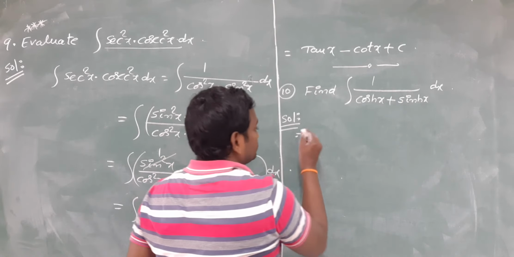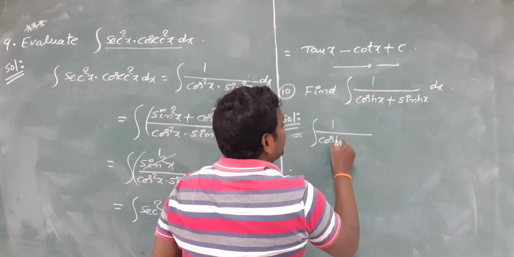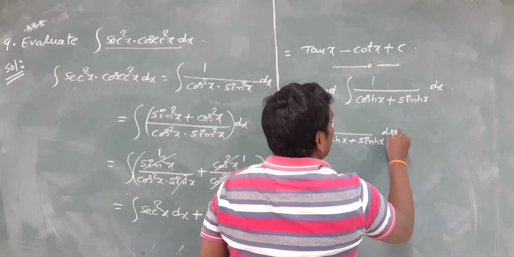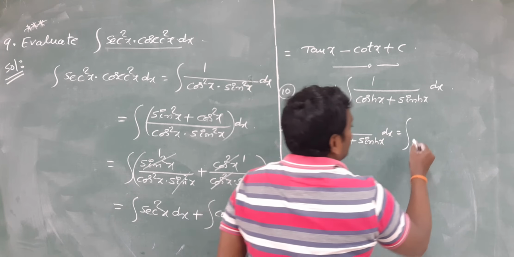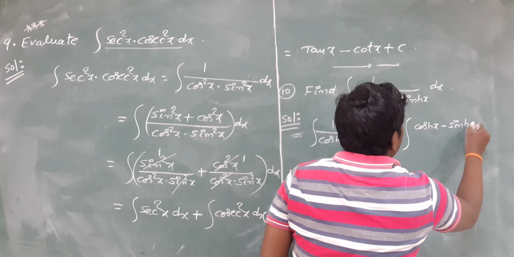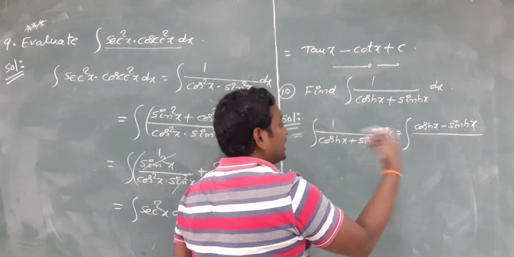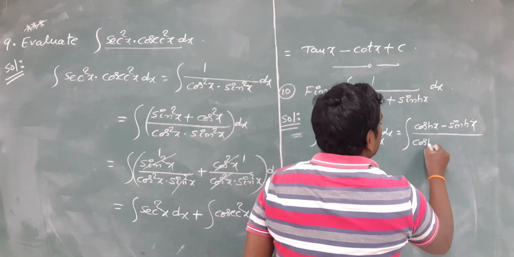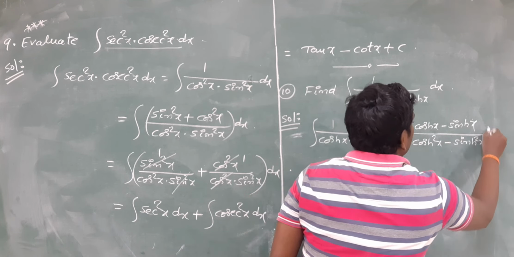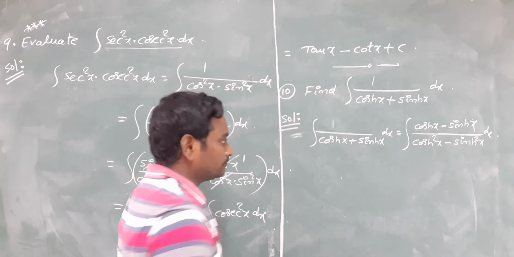So the given integration can be written as integration of cos hx minus sin hx, and in the denominator you will get the a plus b into a minus b formula, that's why cos h square x minus sin h square x dx. We can get this step by using rationalizing.